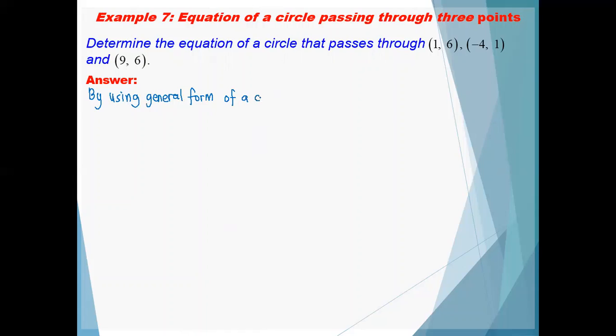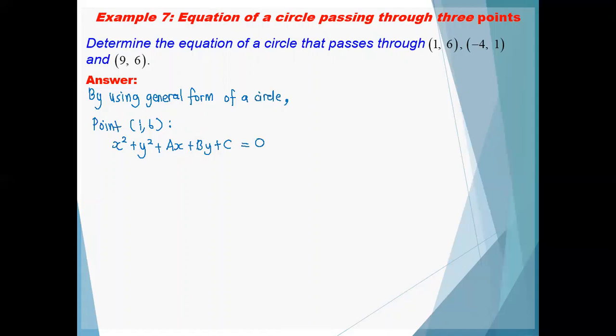At point (1, 6), the general form is x squared plus y squared plus ax plus by plus c is equal to 0.